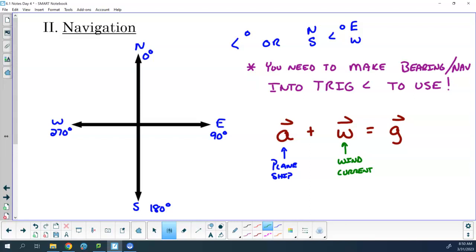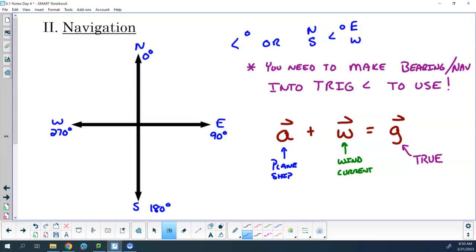And G here is going to be your true, what you're actually doing. From that vector, and from all of these vectors, we can get magnitude, that's speed.